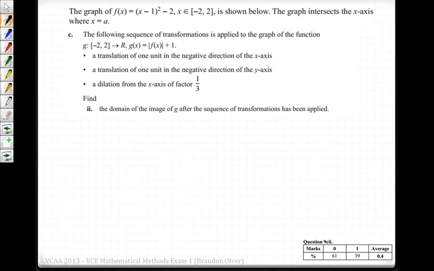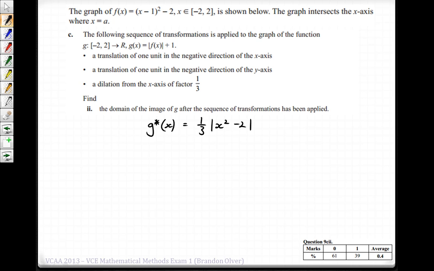So now we've performed these transformations, and we said that our g star, our new g, was just a third of the absolute value of x squared minus 2. And it now says find the domain of the image. So we want to know what our domain is.